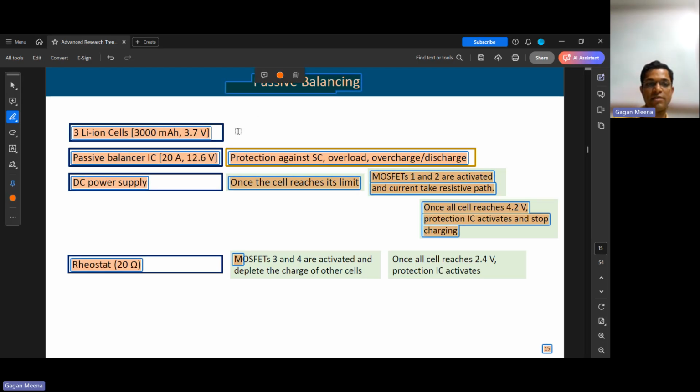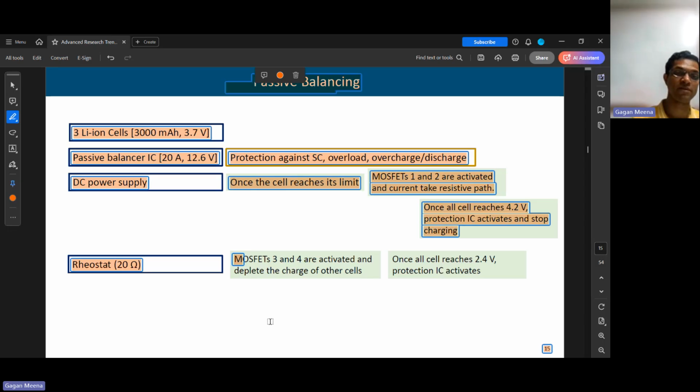The cells are rated 3000 mAh and 3.7 volts, and a passive balancer IC of 20 ampere and 12.6 volt rating is used. It provides protection against short circuit, overload, overcharge, and overdischarge.